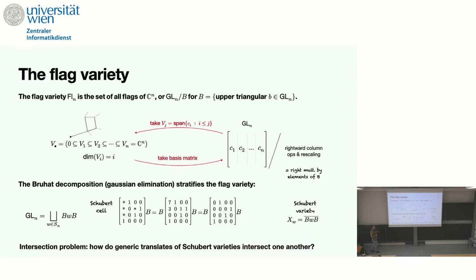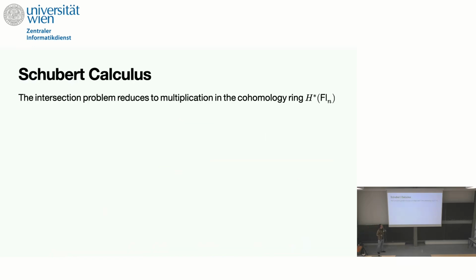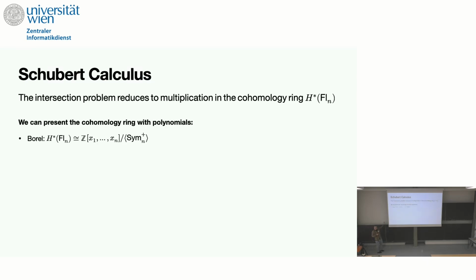So the answer that modern mathematicians use is to push things over to a cohomology ring for the flag variety and compute products inside of there, which magically is the same as counting intersections of Schubert varieties. Cohomology rings are a little abstract for me. So I usually like to think about this cohomology ring as the quotient of a polynomial ring by the ideal generated by positive degree symmetric polynomials.